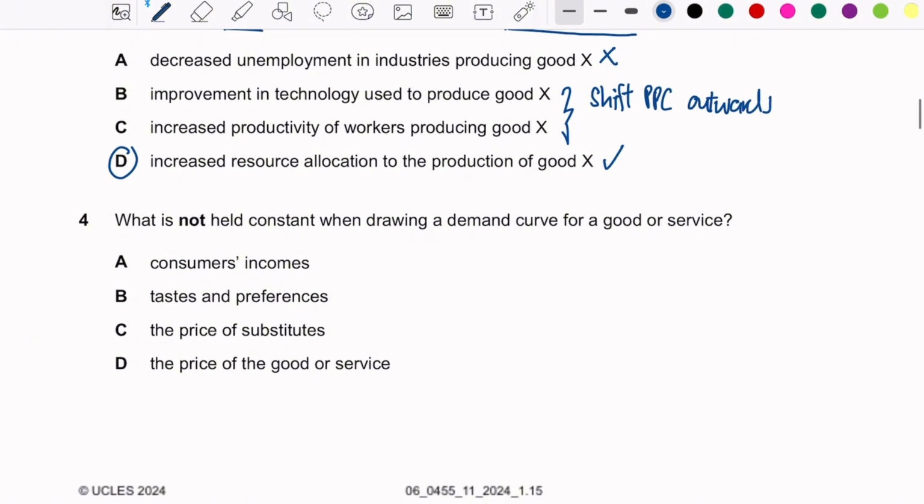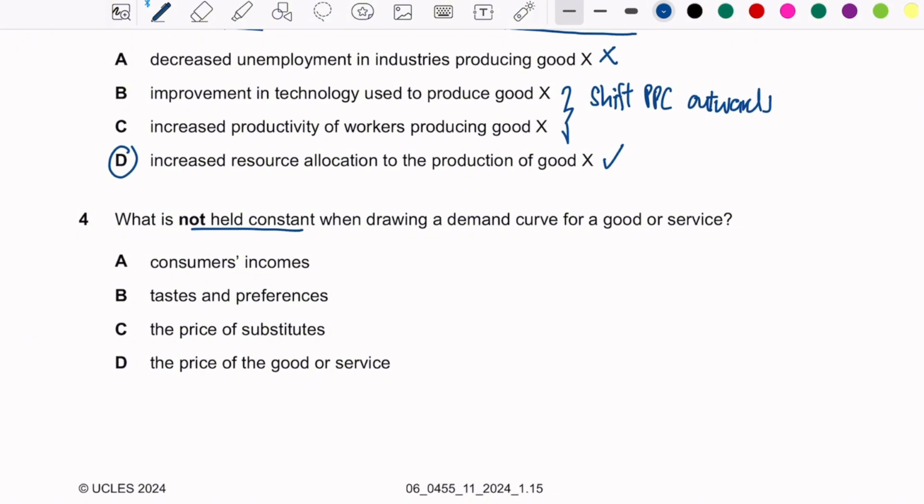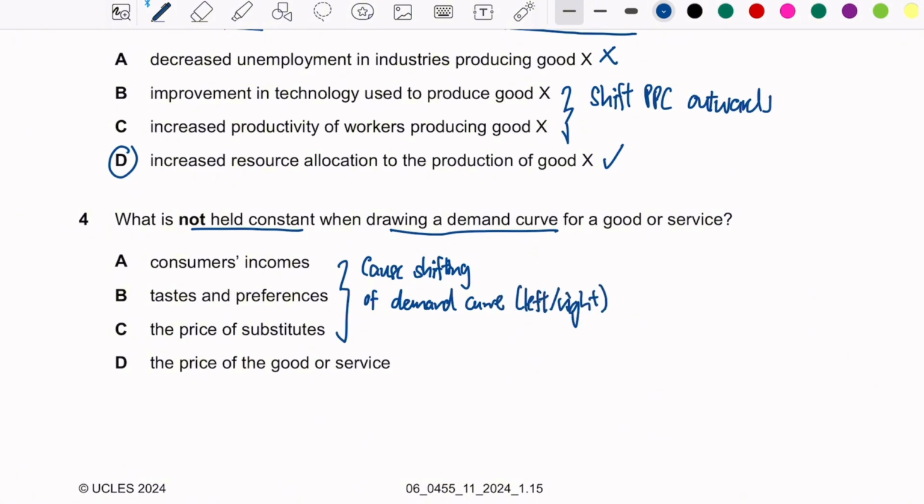Question 4. What is not held constant when drawing a demand curve for a good or service? So A. Consumers' incomes. B. Taste and preferences. C. The price of substitutes. So these three are the factors that will cause the shifting of demand curve. So they are usually constant because it's from left to right only.